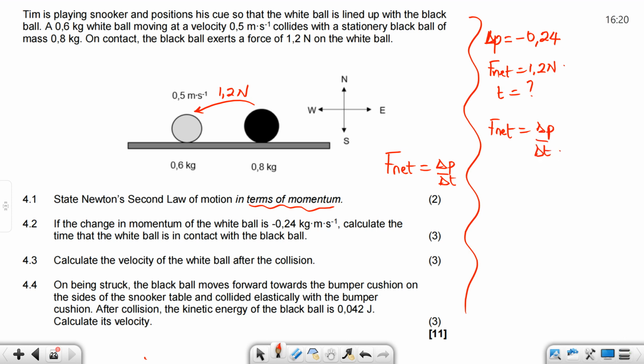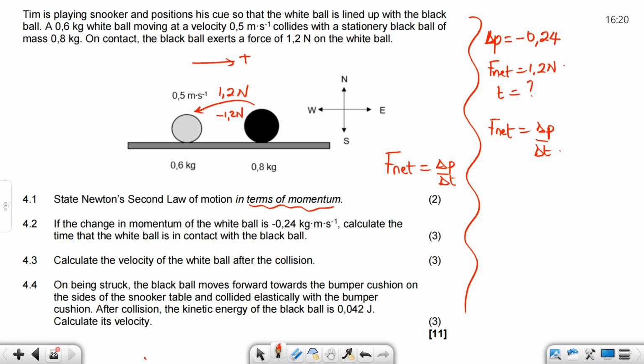But let's be careful here because of the sign. If we go back to the question, it says the black ball exerts 1.2 on the white ball. If we choose forward as positive, this 1.2 becomes negative 1.2 newtons. Why? It's a vector quantity.